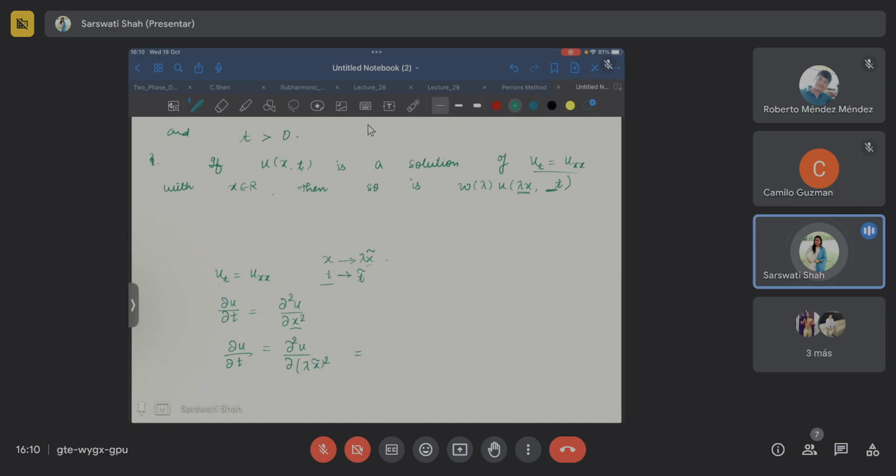since I don't know the form of t, I would derive del 2 u over del lambda x tilde square. So it will be del 2 u over del x tilde square, with 1 over lambda square common. To cancel this lambda square, what kind of rescaling do we need for t? Lambda square t tilde.